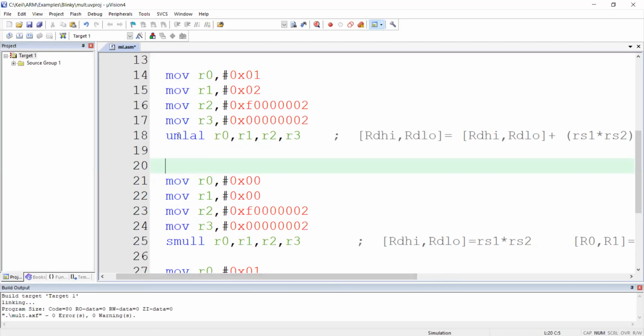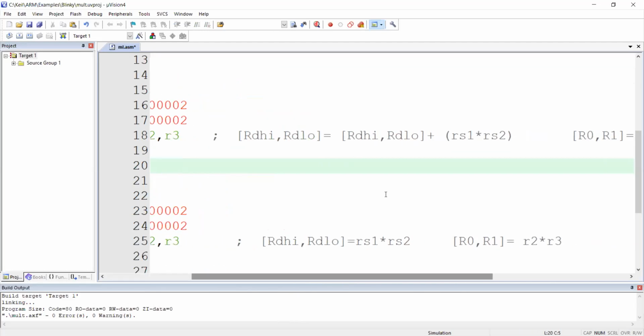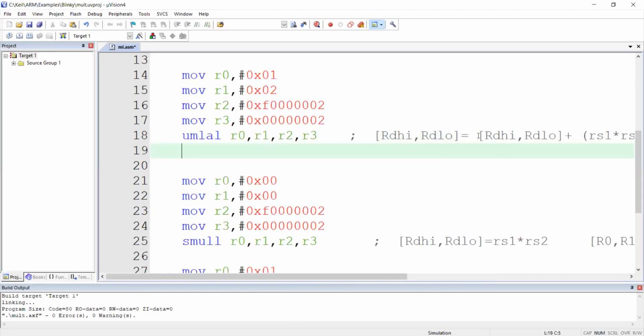Whatever is already there in the destination registers will be taken for the plus part. Okay, see here, RD: two registers will multiply which are big in size, plus the destination already consists of something. Check this one.